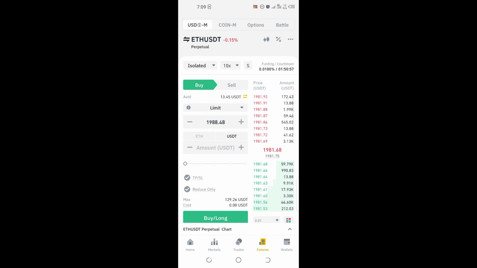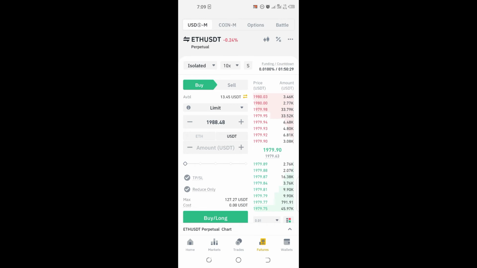What does that mean? Like here, I have 13 US dollars available. Below the buy button and the sell button, you see my balance there is 13.45 USDT. Now, if I did not put a stop loss, when I'm trading, only the assets on this wallet will be liquidated.